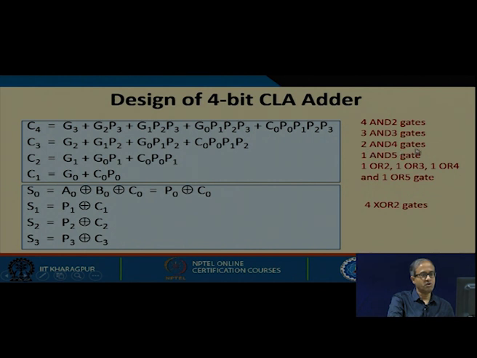We need 2 4 input AND gates, one here and one here, and we need one 2 input OR gate for this, one 3 input OR gate for this, one 4 input OR gate and one 5 input OR gate, and for this sum you need 4 XOR gates. Now, in addition, you recall for generating the carry generate and carry propagate signals, you need n XOR gates and n AND gates.